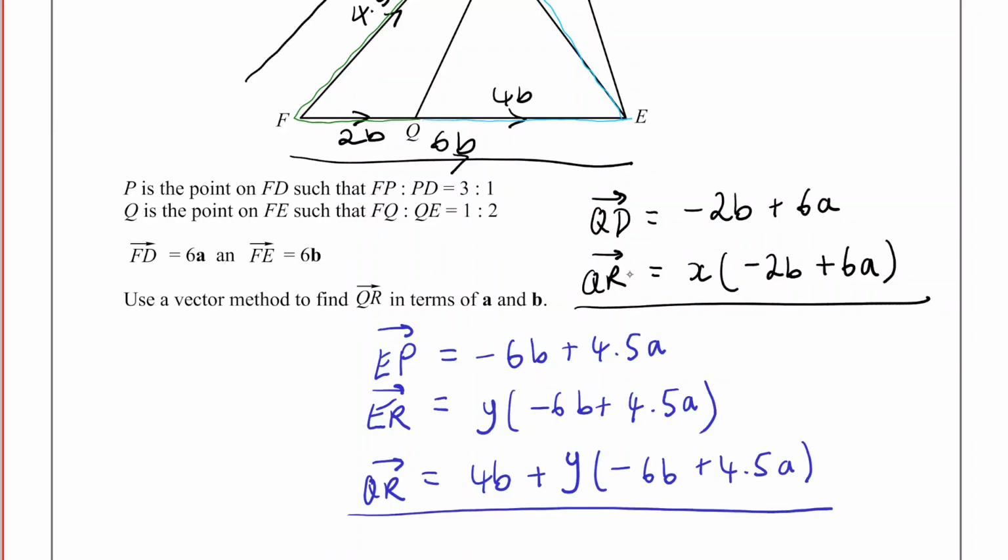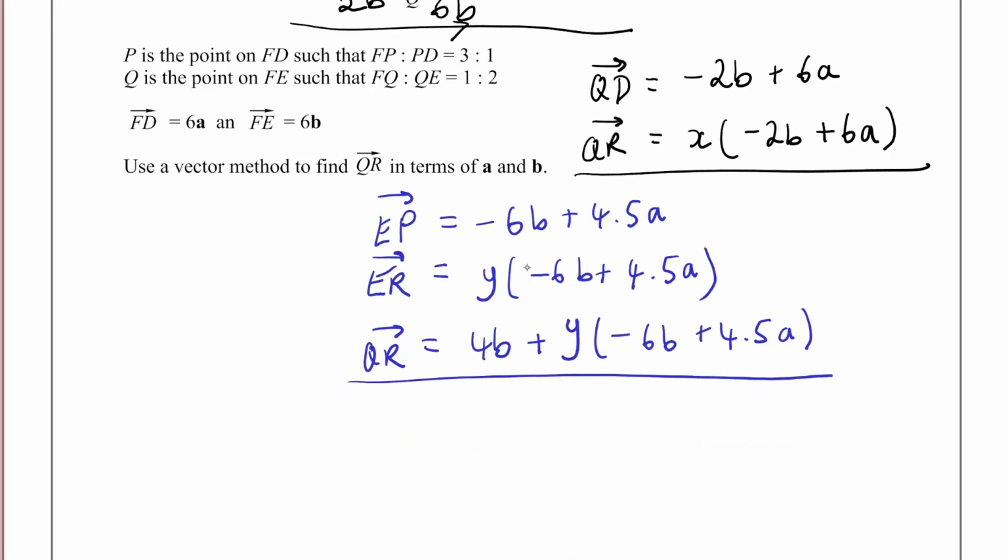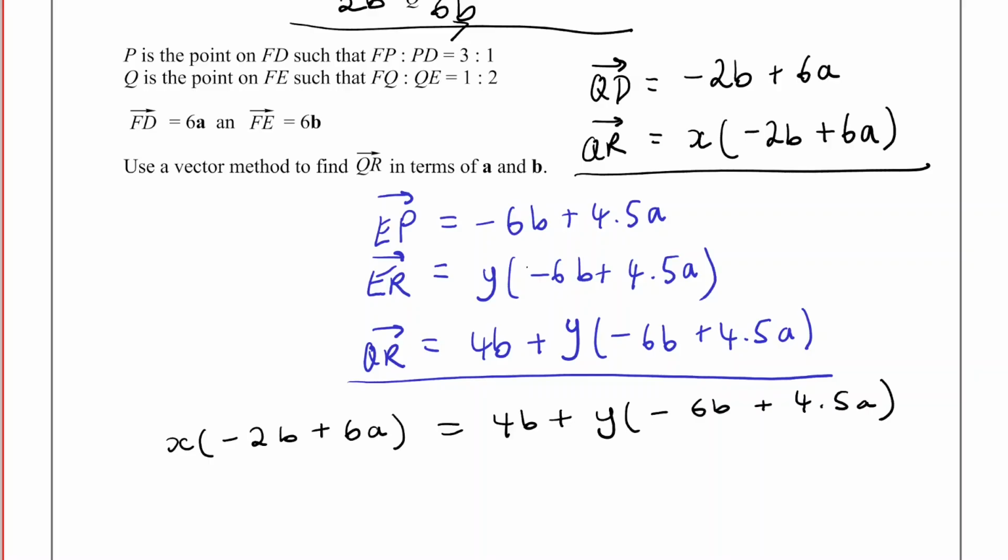So I've gone from Q to R in 2 different ways, going along each of the 2 different lines, and they must be equal. So X times (minus 2B plus 6A) must be equal to 4B plus Y times (minus 6B plus 4.5A).